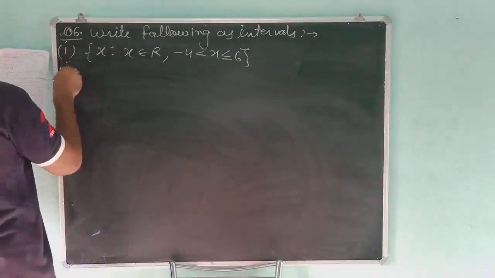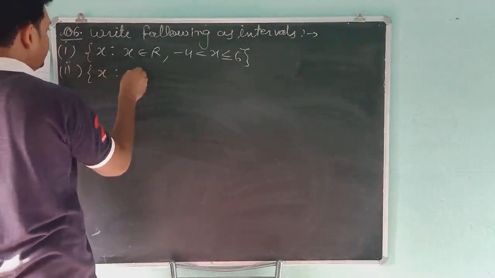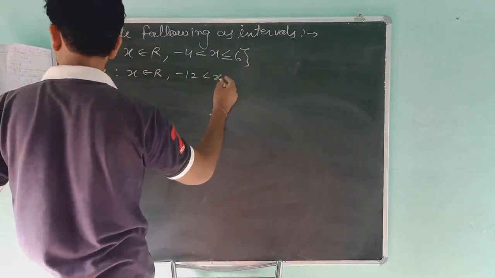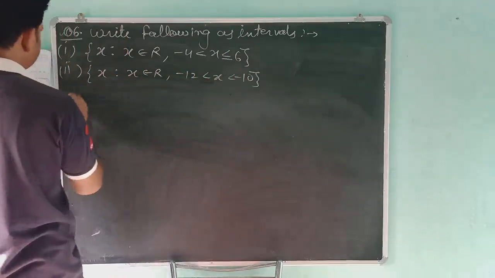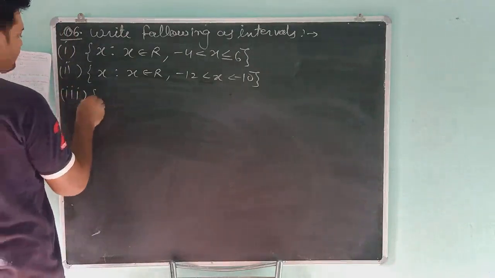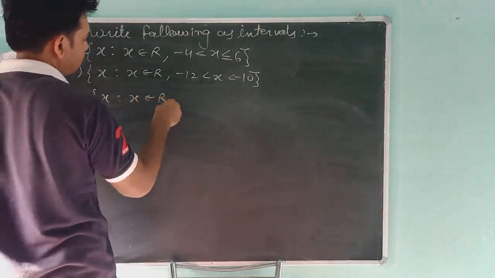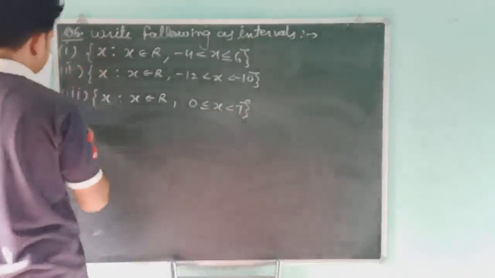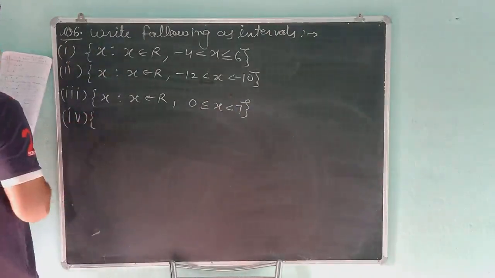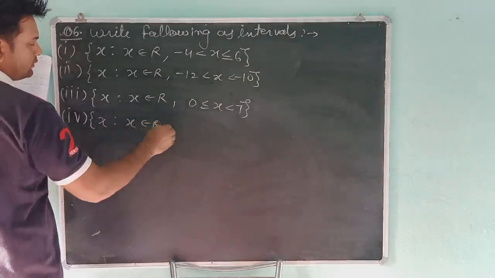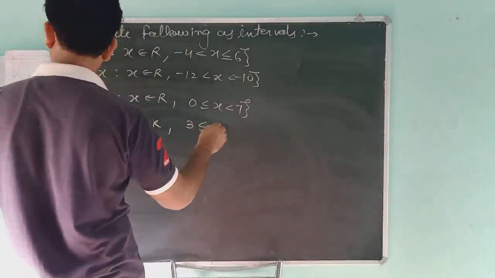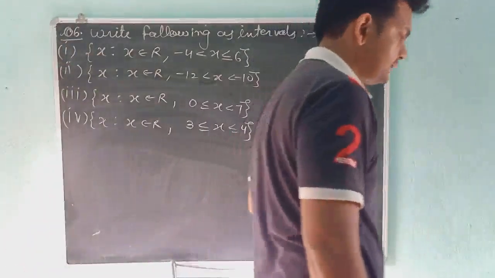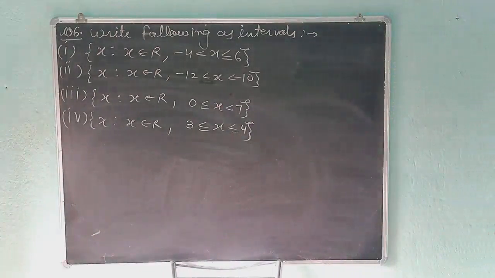Second question is X belongs to R, -12 less than X less than -10. Third, X belongs to R, 0 less than X less than or equal to 7. Fourth, X belongs to R, 3 less than or equal to X less than or equal to 4. This is the question, students. This is question number 6, and we have to solve this question.